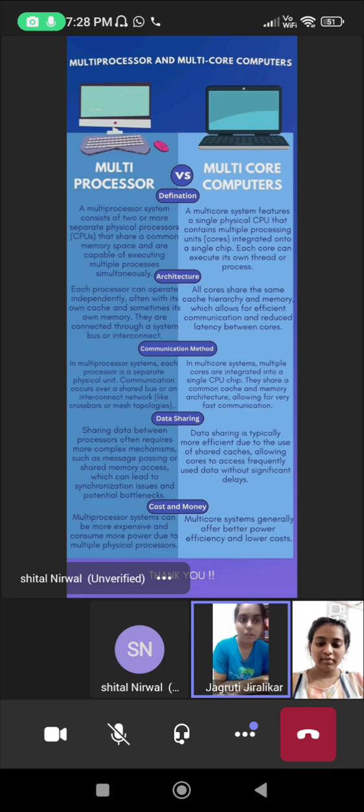Let's explore these concepts further as we discussed the architecture, definition, communication methods, data sharing, and cost of both multiprocessor and multi-core computers. So this was the difference between multiprocessor and multi-core computers as we have explained above. Thank you so much.